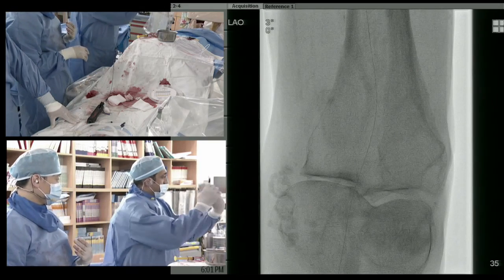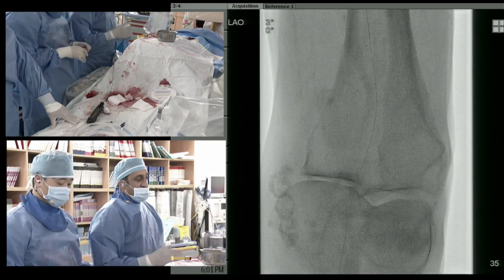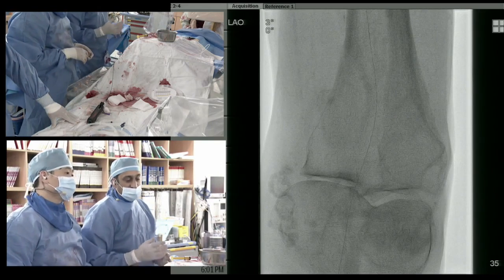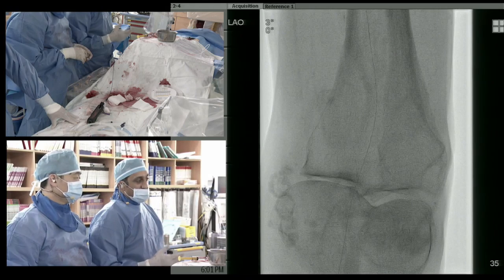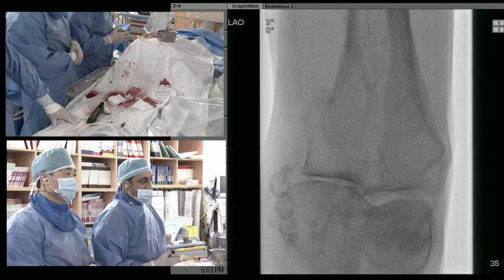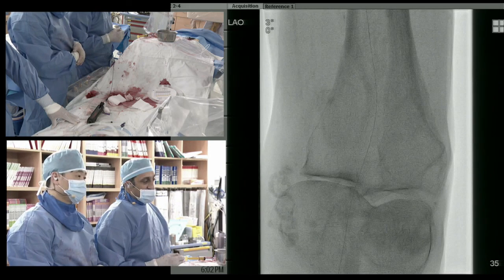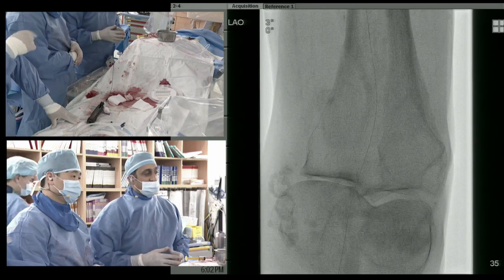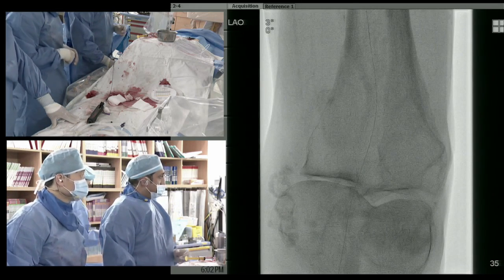So atherectomy here with a small vessel cutter, and then I think we'll have a pretty good result. We're not going to go for an optimal result, just to debulk it, create a good channel, and then use a DCB, probably a 4.0 by 120. That would be the goal here. There is a space at the end of the tibioperoneal trunk where we can plant our balloon. So I think that should give us a good result.